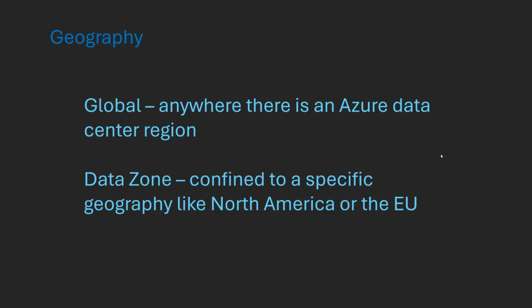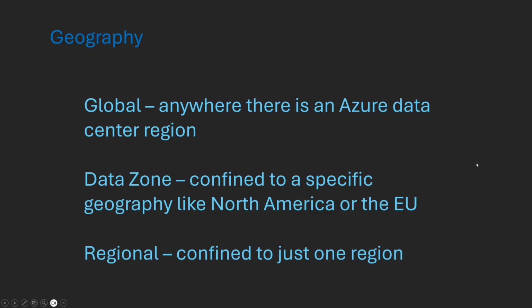And more data zones are being added, but that's data zone. And then finally, there's regional. You can confine your large language model, that deployment, to be a specific region, let's say East US or West US. So that's the first component or characteristic of a deployment type, geography.